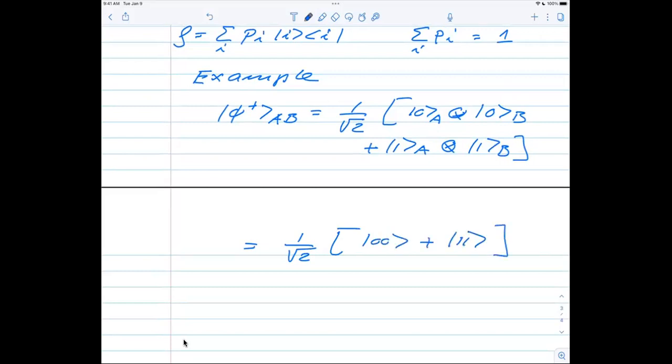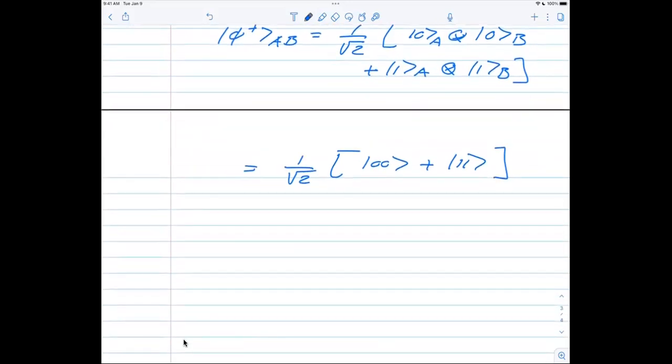Typically when you see states written in this specific way, it means that we are looking at a tensor product. If we think back to the Schmidt decomposition, this is also a Schmidt decomposition, with Schmidt number or Schmidt rank D equal 2 here, because we have two specific states.